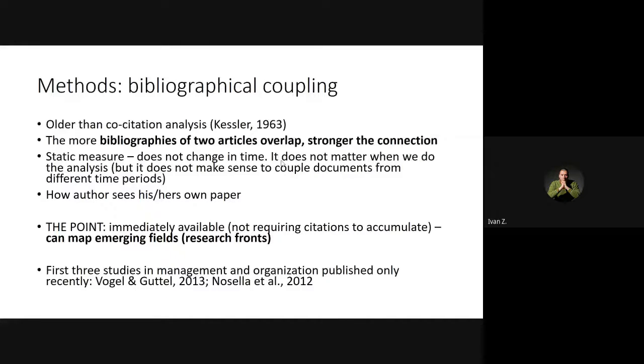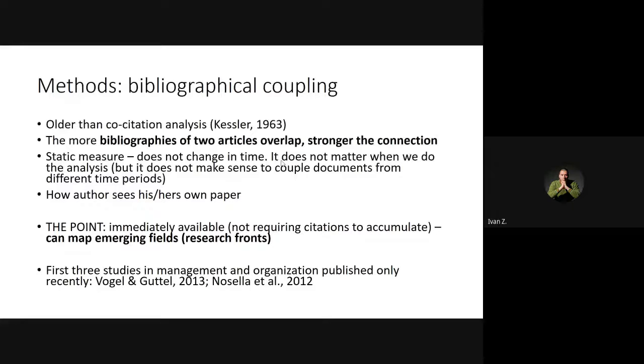And there's also a little bit of philosophical difference between bibliographic coupling and co-citation analysis. Bibliographic coupling mostly aggregates the views of authors. So when I cite a certain document in my paper, this means that this is how I position my paper, right?